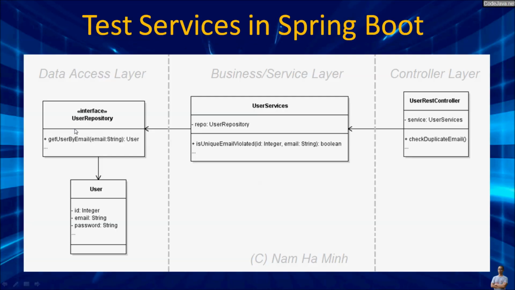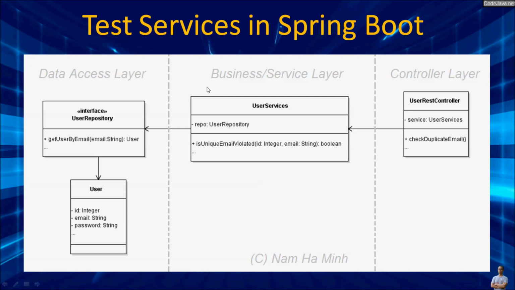Basically, in a Spring Boot project, we often separate the code into some logical layers like this: the data access layer, business or service layer, and controller layer. In the data access layer, we have repositories and entity classes using Spring Data JPA to access the database via the Hibernate framework and JDBC driver.